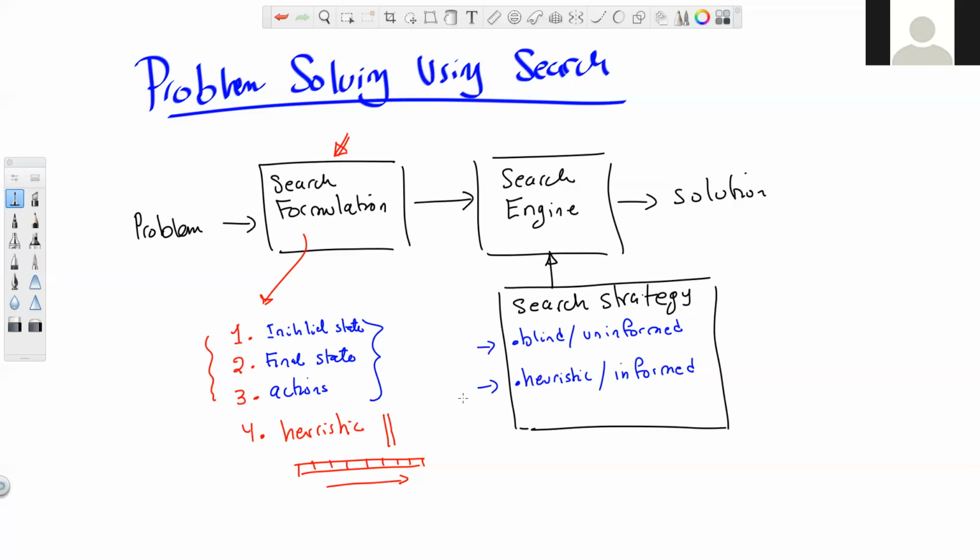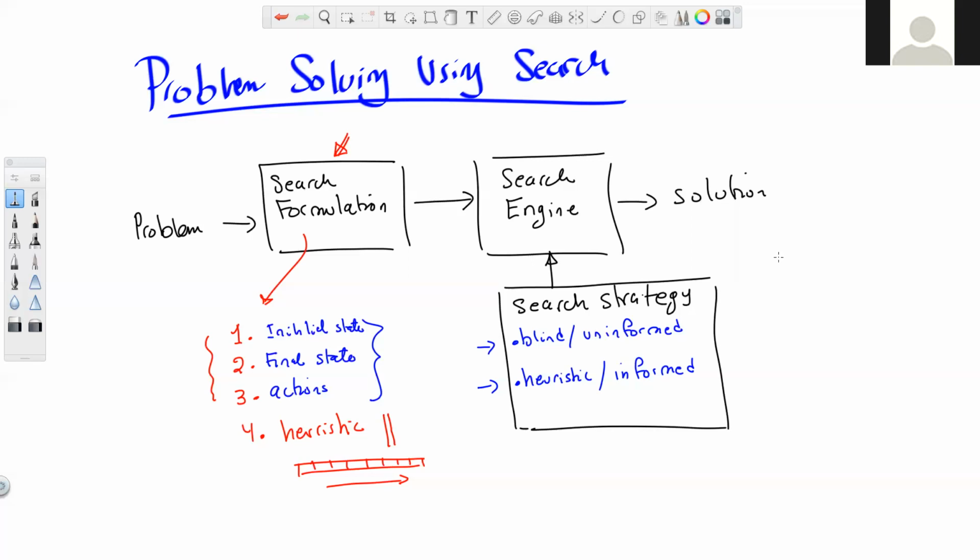Now, another word before we move on about the big picture. It turns out that within this picture, there's a very special class of problems that can be formulated as search. They're so specific in their nature, and so important in terms of their practical applications, that they get their own name.